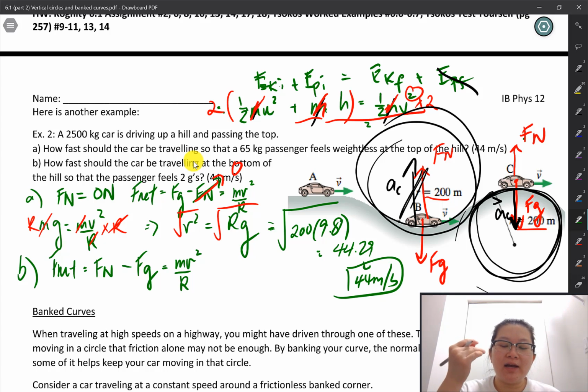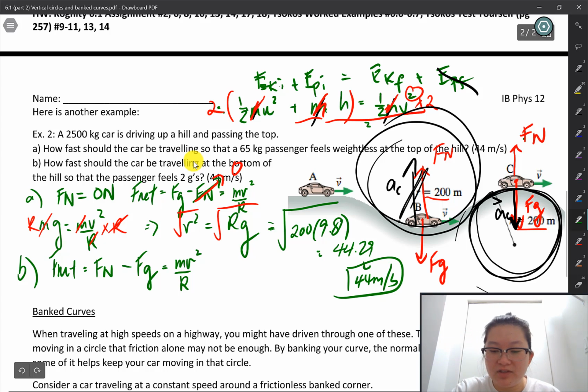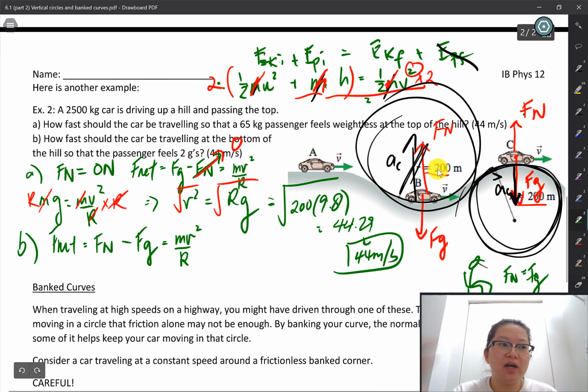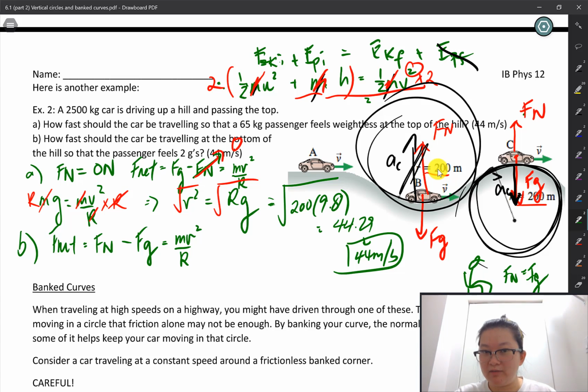So remember when I talked about how heavy you feel normally, okay, let's say you're sitting on a chair or something. If you're just sitting on a chair, nothing's happening, then your Fn is going to be equal to your Fg. We say you're feeling 1 G. I'm feeling 1 G right now. If you're feeling 2 Gs, you're feeling 2 times your actual weight, because normally we feel our actual weight.